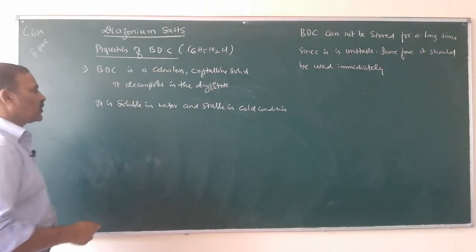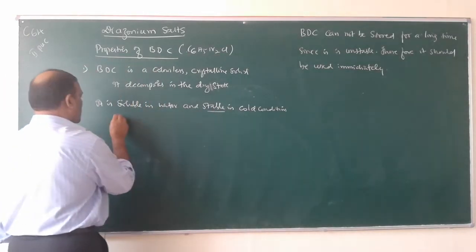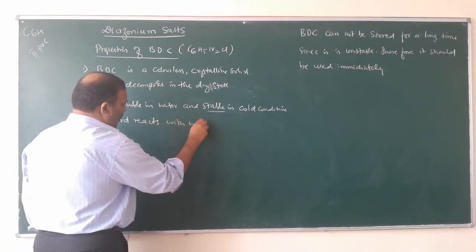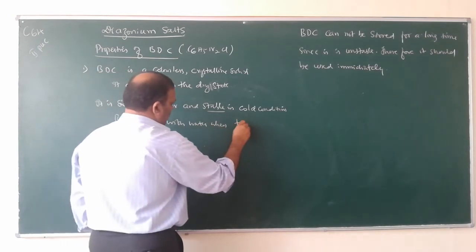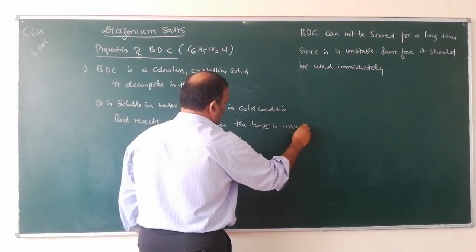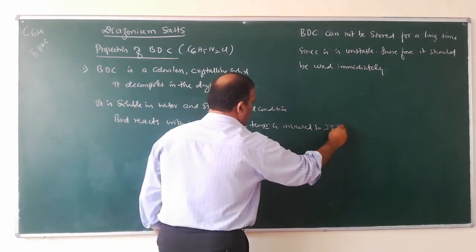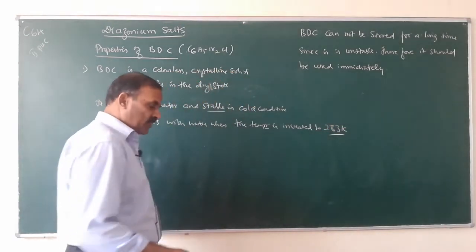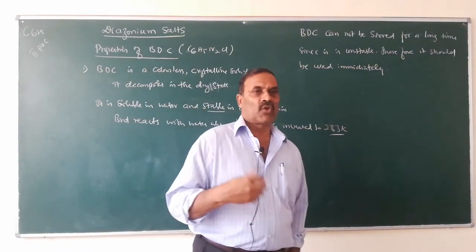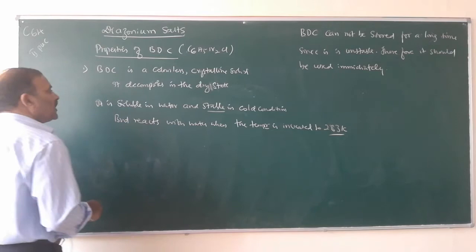So when water is in cold condition, that is 0 to 5 degrees centigrade, the compound is stable, but it reacts with water when the temperature is increased to 283 Kelvin. If the temperature is increased by 10 degrees centigrade, it reacts with water forming phenol.